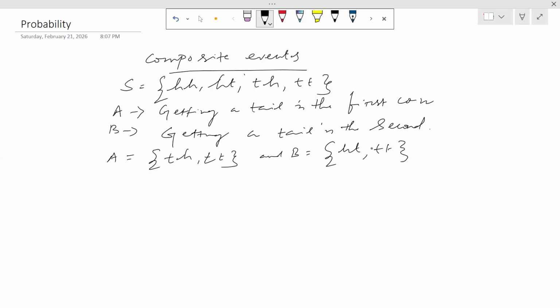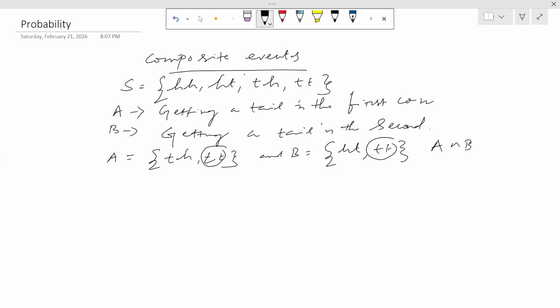TT. Okay, thank you. So A and B both are occurring simultaneously means tail occurs both in first and second coin. Okay, that is the event TT. The TT occurs both in the first and second coin, and you can say this is same as the occurrence of A intersection B. Okay.